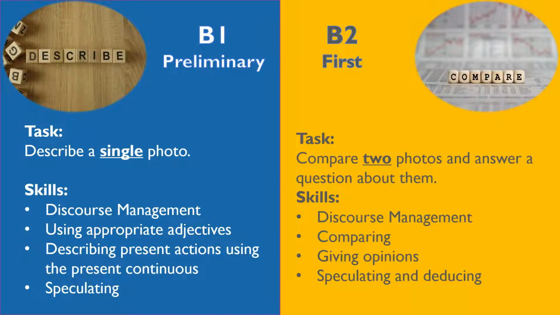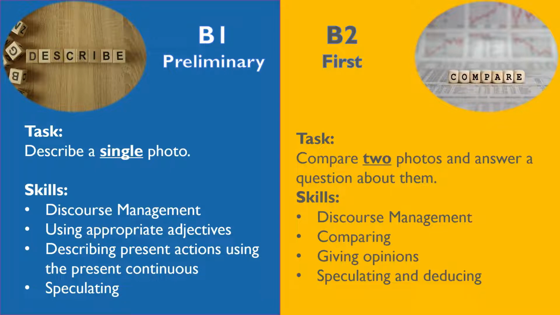So a lot of students confuse this part of the speaking exam with the B1 exam. Now here are the differences. In the B1 preliminary, your task is to describe a single photo. In the B2 first, your task is to compare 2 photos and answer a question about them.